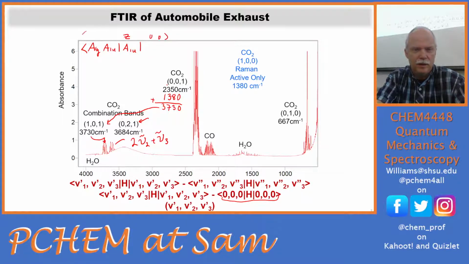I'll go ahead and write these out here. 1, 0, and 1. So we have all those A1Gs there. And again, when you take all those A1Gs times this A1U, you end up with A1U.